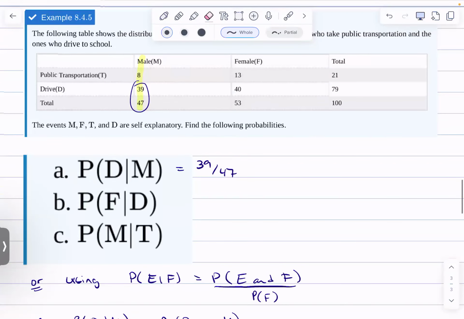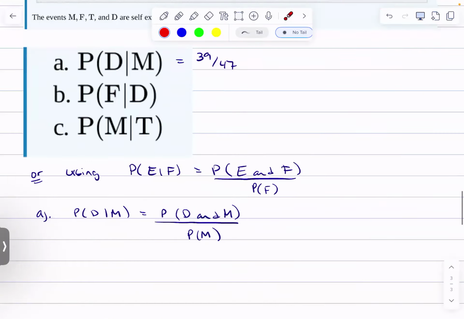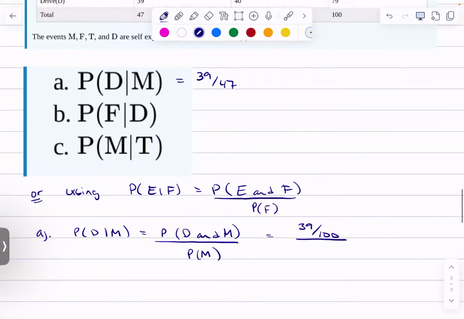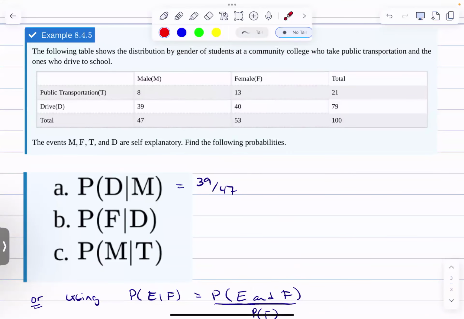Probability of D and M. They have to drive and be male. That's 39 out of 100. And so the probability of driving and being male is 39 out of 100, divided by the probability of being male.